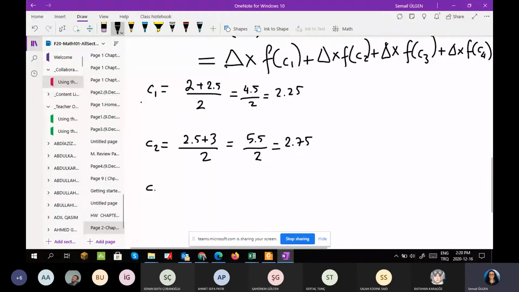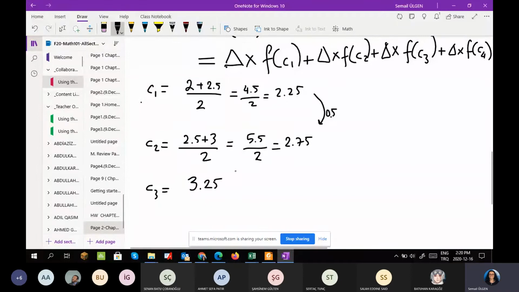Okay, and then c3 is going to be similar. See, this is increasing by 0.5, yeah? So c3, if you add 0.5 here, let me erase that because it doesn't look as nice. Okay, so this is going to be 3.25.